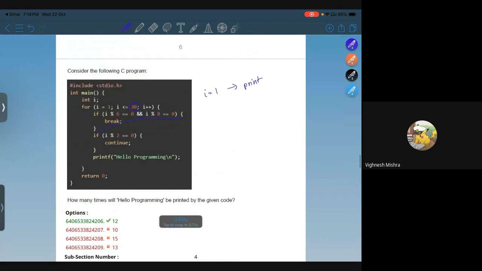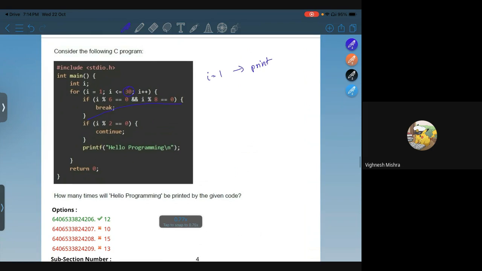If the options were like one or two times, we could have just calculated. So basically, the number which is divisible by 6 and by 8 is 48. The minimum number is 48. So this condition can be ignored for this value 30.